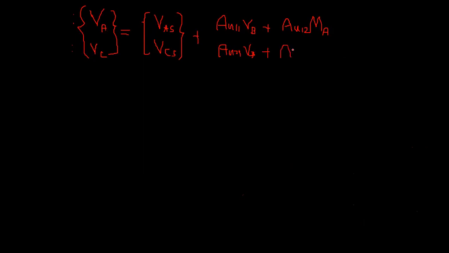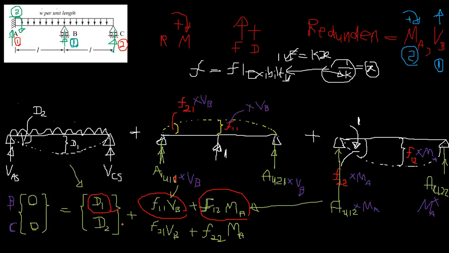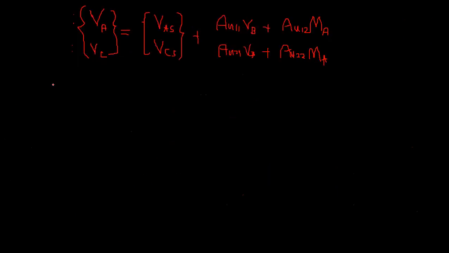Here you have AU22, MA, right? So from here, you can simplify this. So you can take this BB and MA out and form a matrix. From there, I consider, so that was 0 from the previous slide, okay?